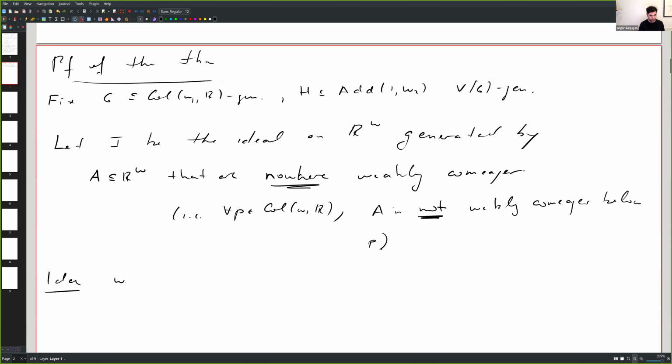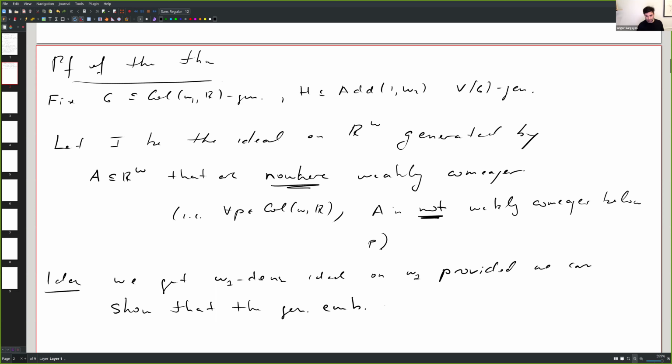The idea is that we get an omega 1 dense ideal on omega 1, provided we can show that the generic embedding is induced by Col(omega, omega 1), by collapsing omega 1. So if you collapse omega 1 to omega and that induces the generic embedding, then you have it.